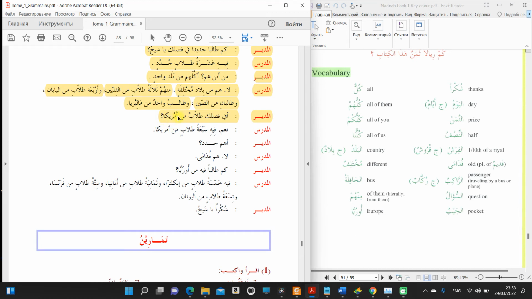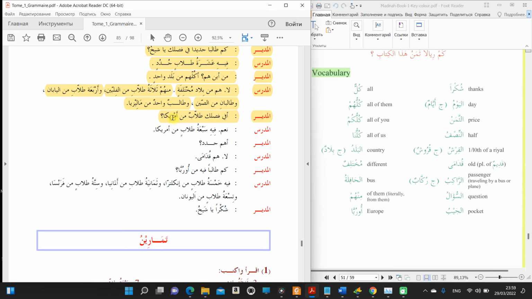This preposition makes this word majrur and it's supposed to take kasra, but it doesn't because, as I said earlier, there are exceptions. When a word has this long alif in the end, then it stays intact.